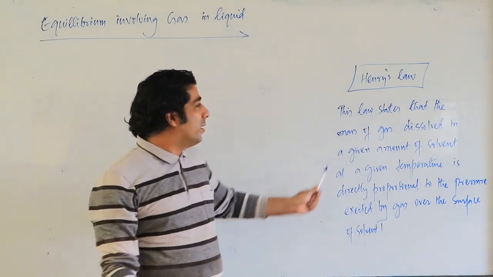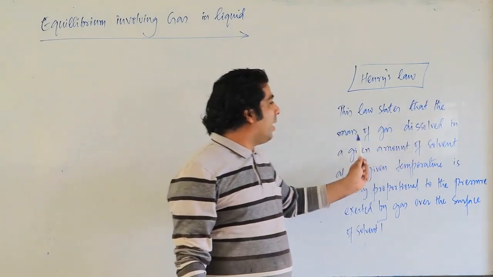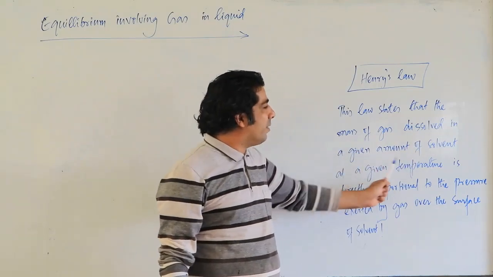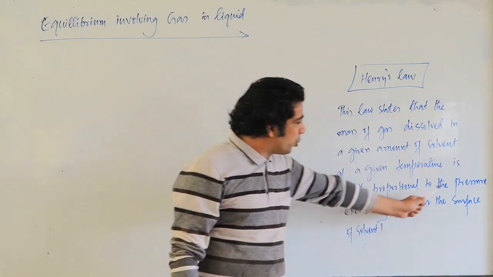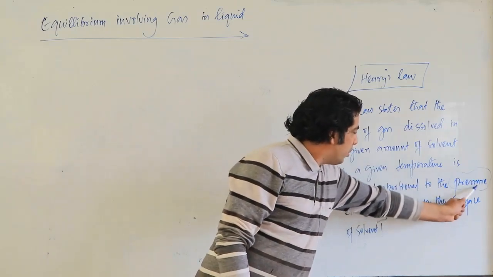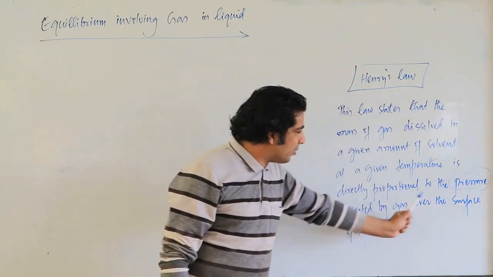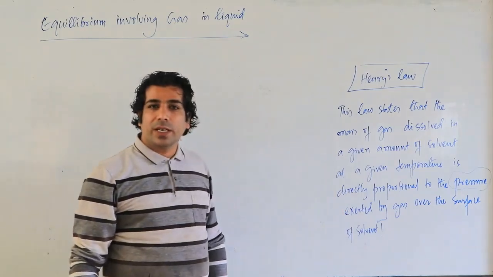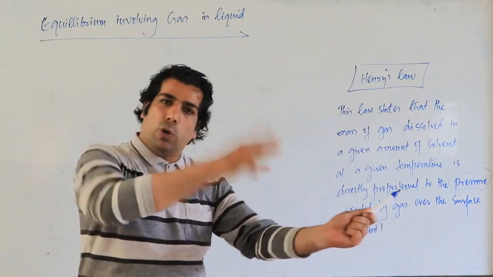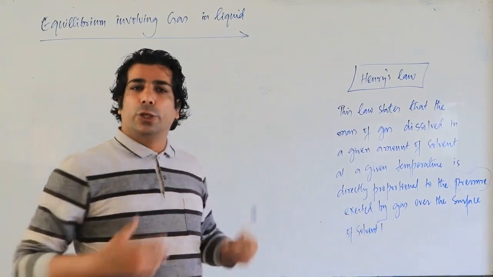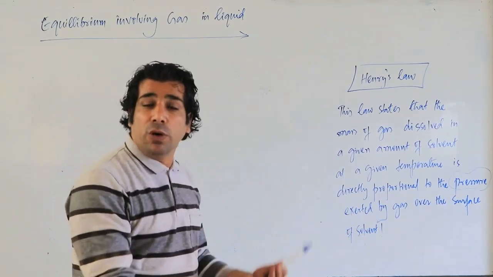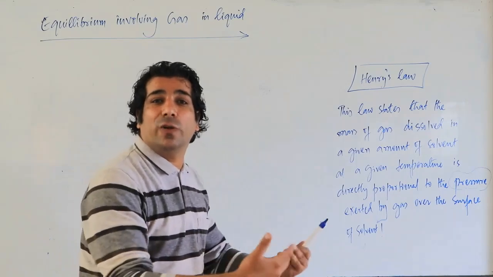So have a look here. This law states that the mass of gas dissolved in a given amount of solvent at a given temperature is directly proportional to the pressure exerted by the gas over the surface of solvent. If gas will exert more pressure on the surface of water, then the dissolution will be more and more gas will dissolve in water.